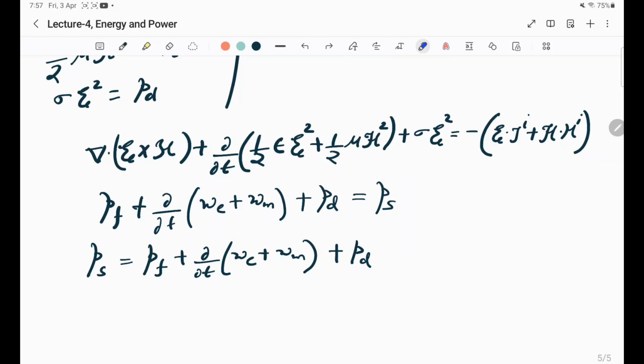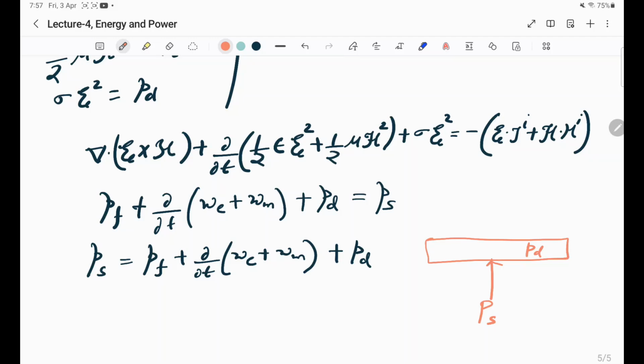Okay, so what actually happens in the case of an antenna system is that, suppose you have an antenna, you supply some power PS, some of the power is dissipated as heat inside this antenna system, which is PD.